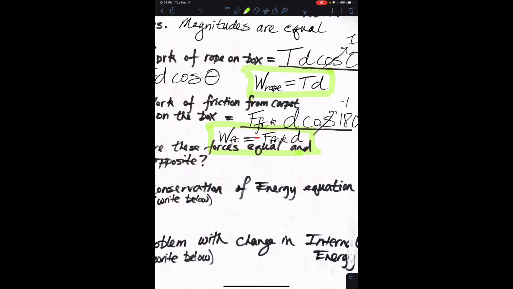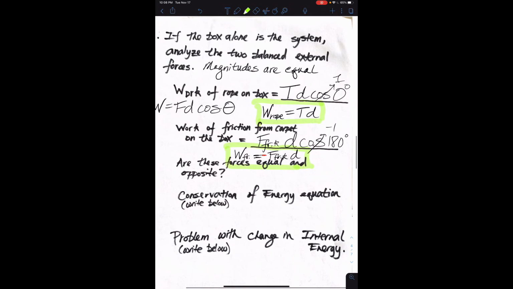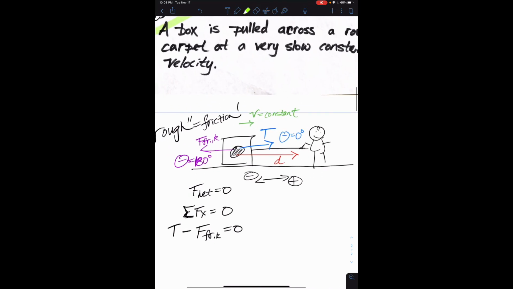Okay, then are these forces equal and opposite? Yeah, right? The answer here is yes. We said that, right? To travel at a constant speed, these forces would have to be equal and opposite. So their magnitudes are equal.